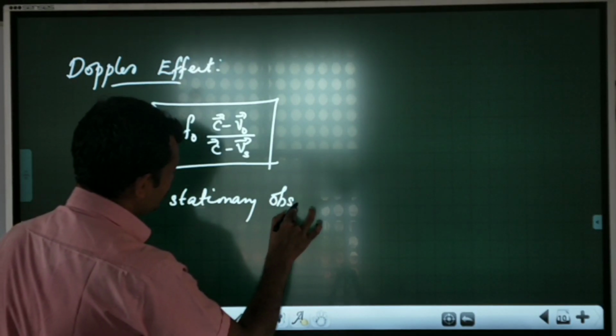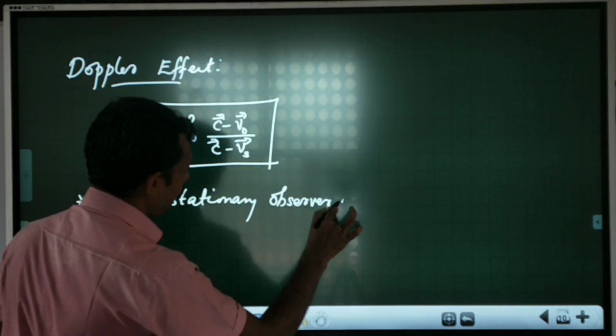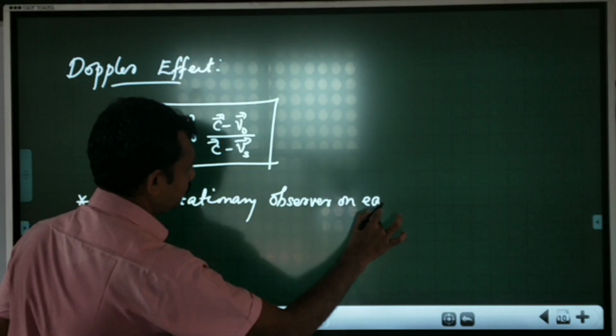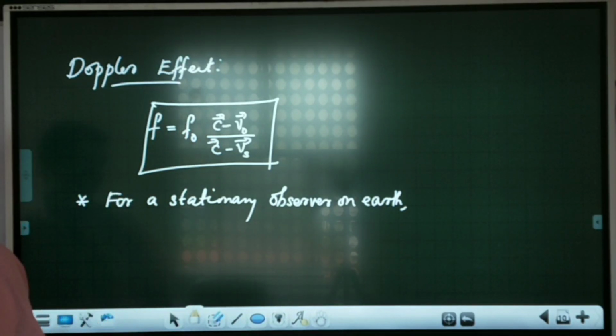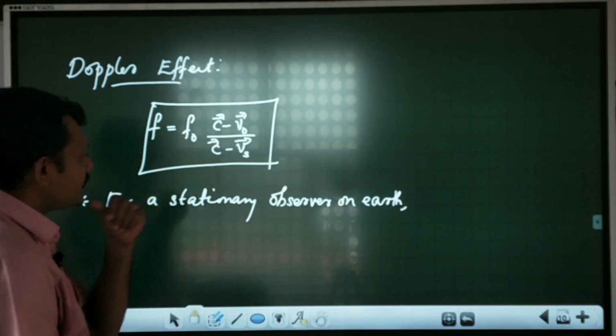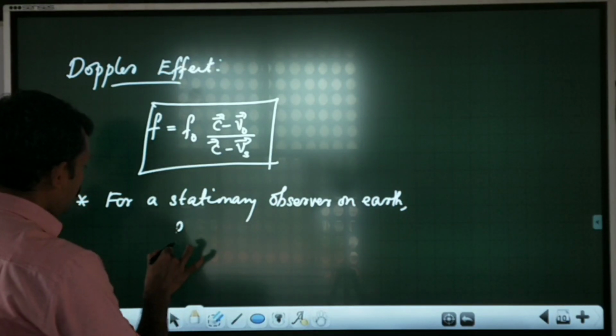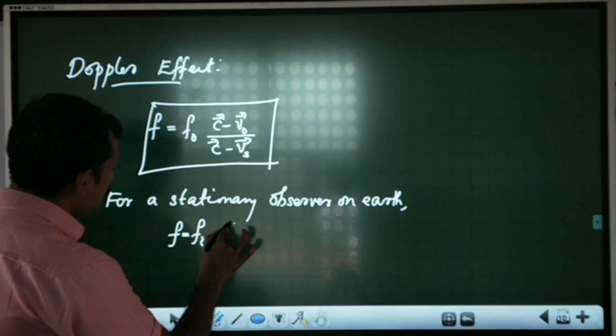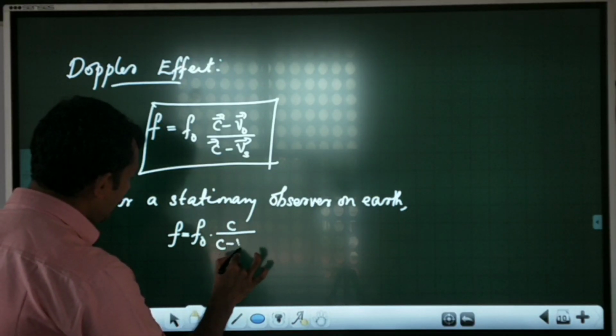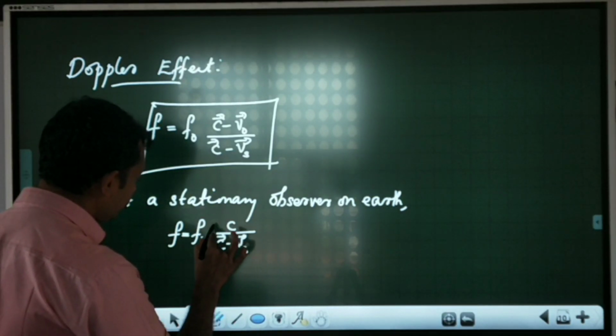For a stationary observer on Earth, the apparent frequency f is equal to f0 into c divided by c minus vs, with the proper vector symbol.